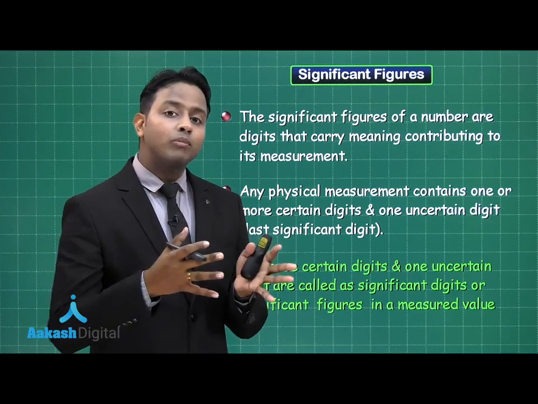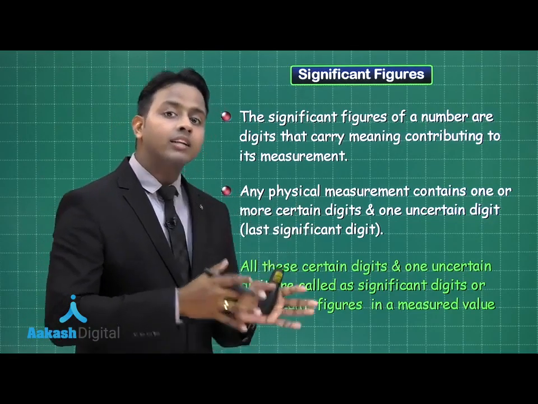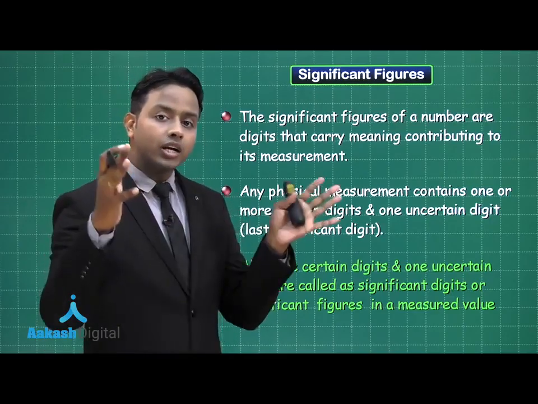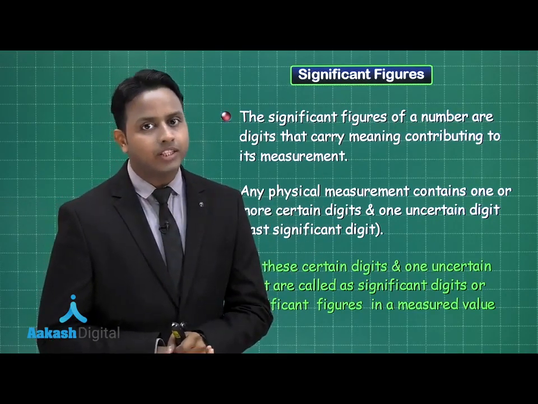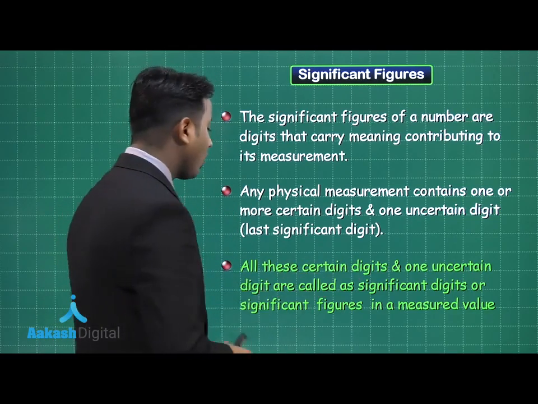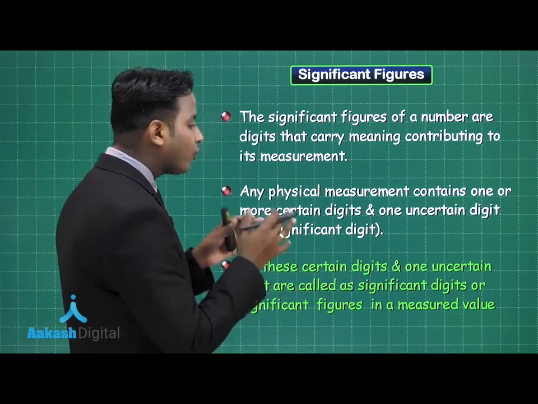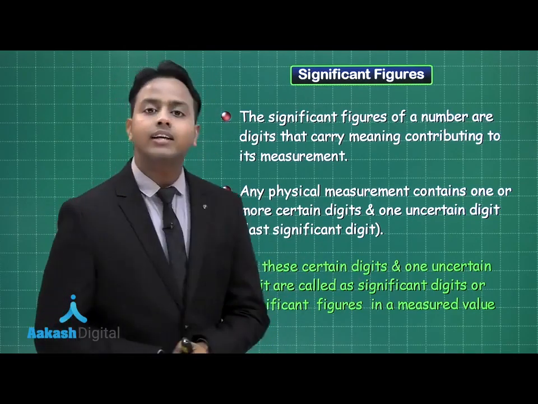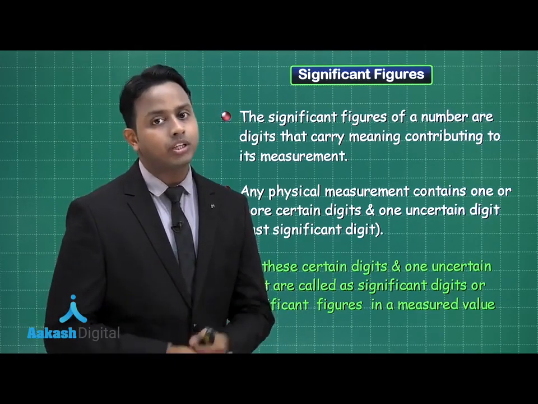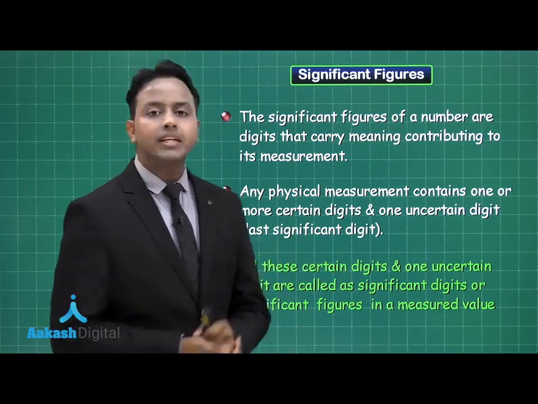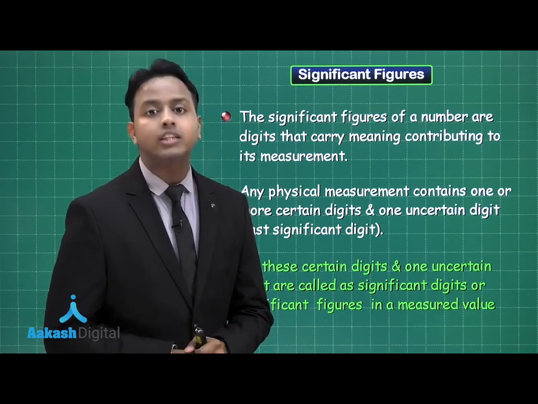So the total number of digits that you have certain and the last uncertain digit combined together, that number is called the number of significant digits of a measurement. So all these certain digits and one uncertain digit are called significant digits or significant figures in a measured value. I hope the basic idea of significant figure is very clear to you.